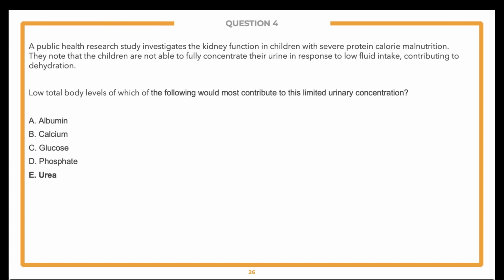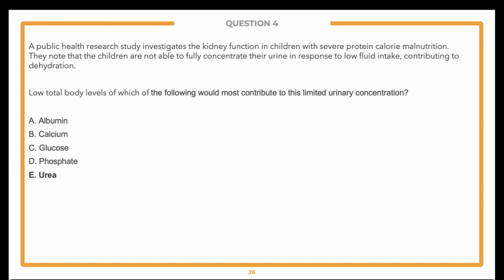The take-home point is that both urea and sodium chloride contribute to the ability of the renal medullary interstitium to concentrate urine and are essential to maximize water reabsorption. Out of those two, you only have one choice, and that choice is urea, making that the correct answer.